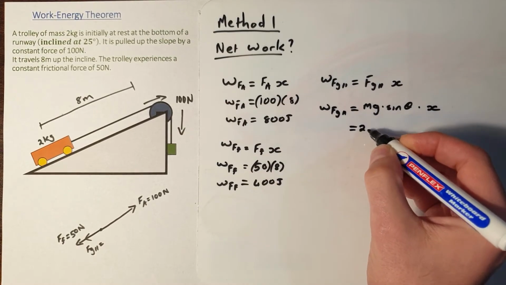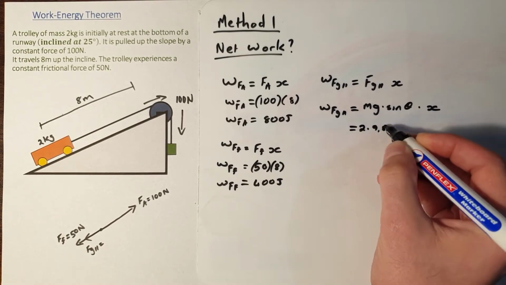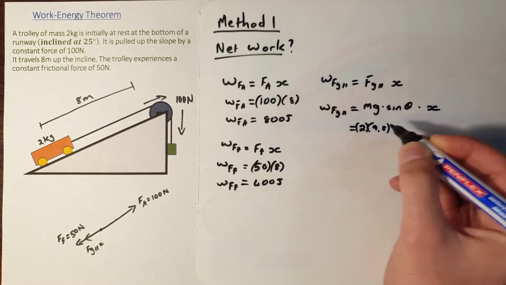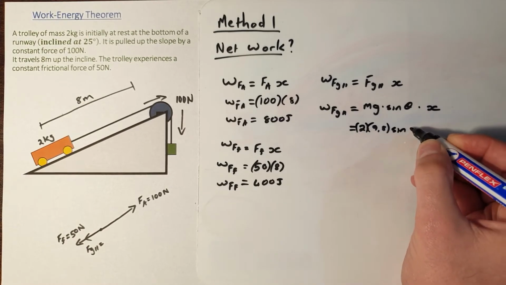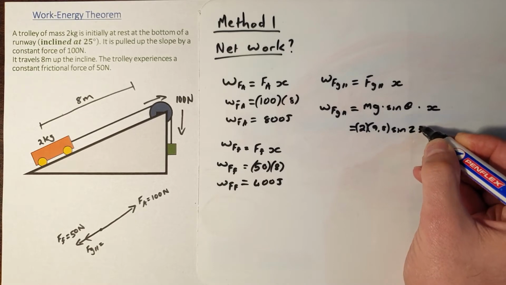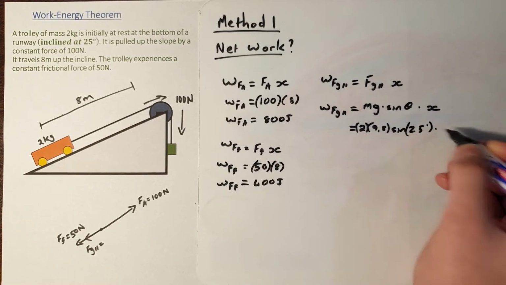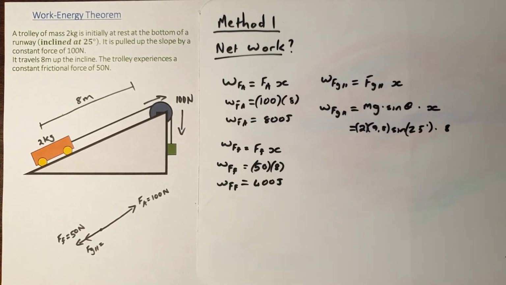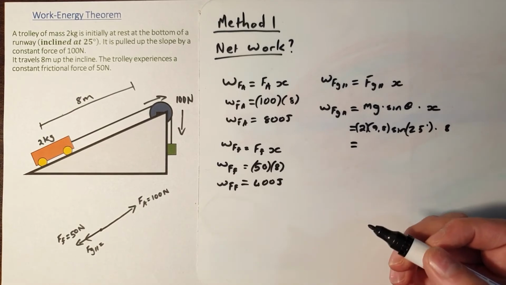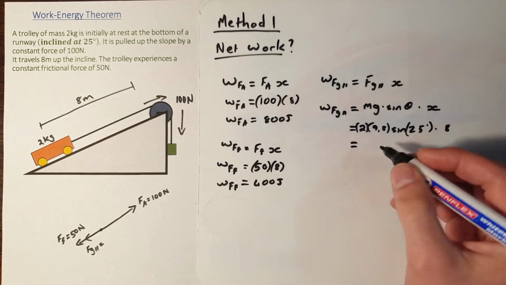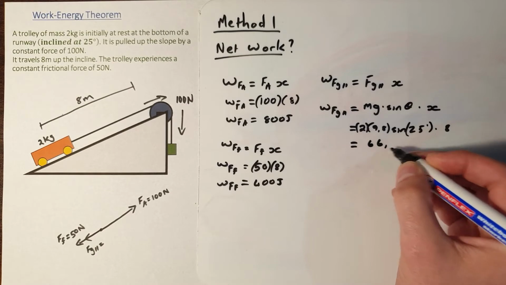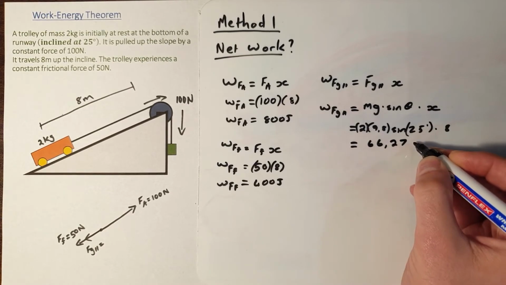So our mass 2 kilograms, 9.8, sine, and it is at 25 degrees, times the displacement, which means that we will then get 66.27 joules.